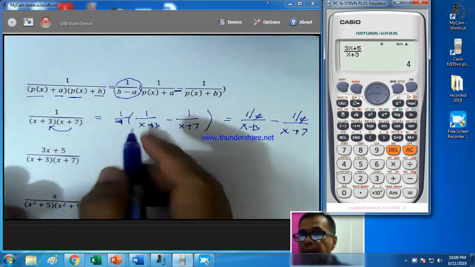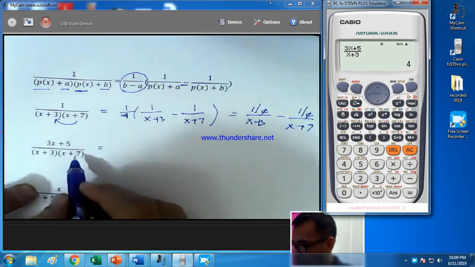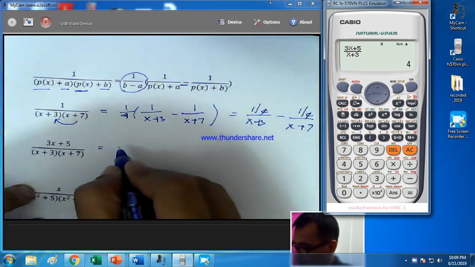Same thing is true here. You have a technique to do here.